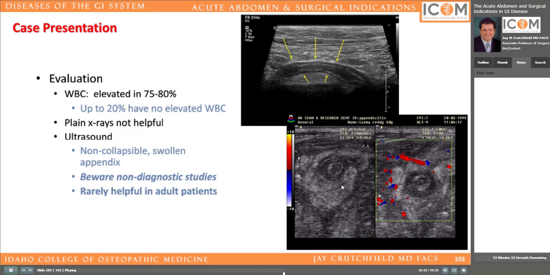But beware of these non-diagnostic studies. They're rarely helpful in adult patients. Ultrasonography is highly variable. CT scanning is the best, and it is excellent for those equivocal cases. Today's technology does not necessarily require that the patient have oral or intravenous contrast.